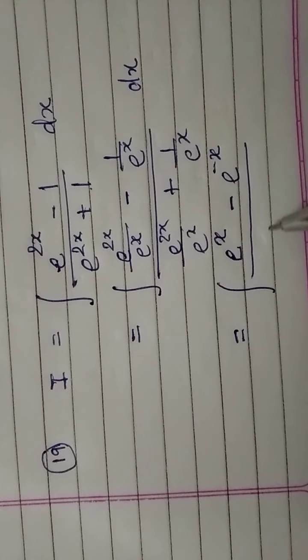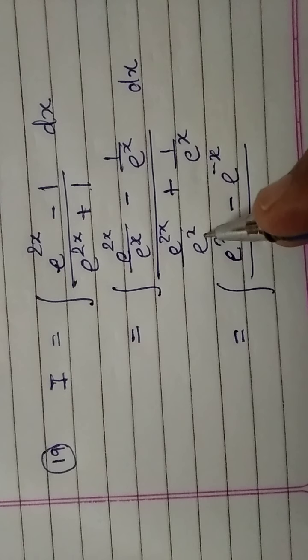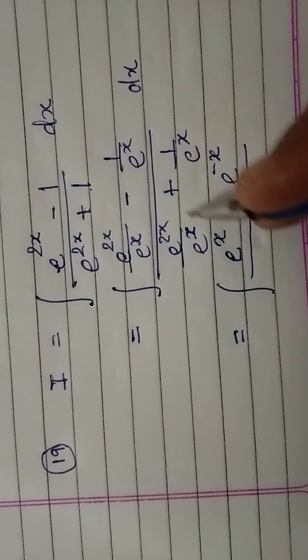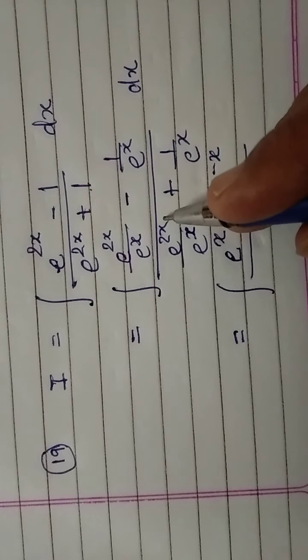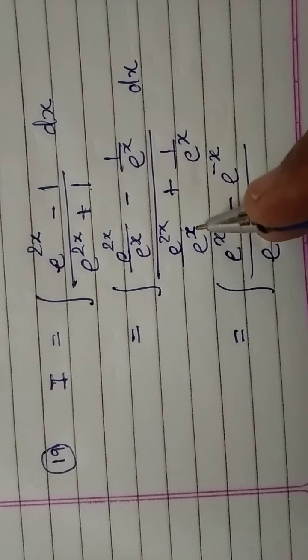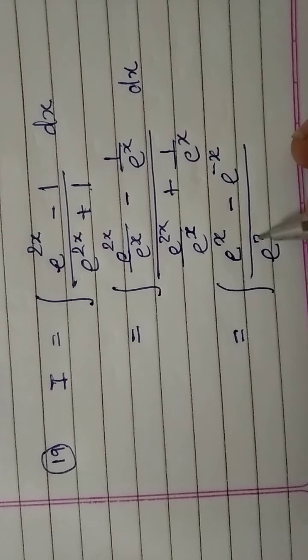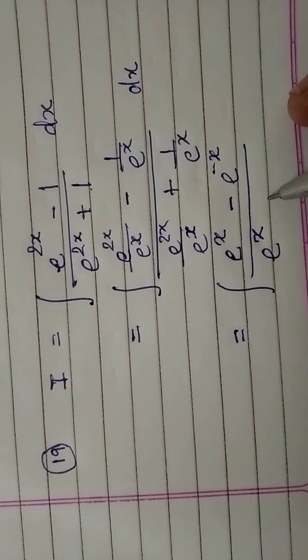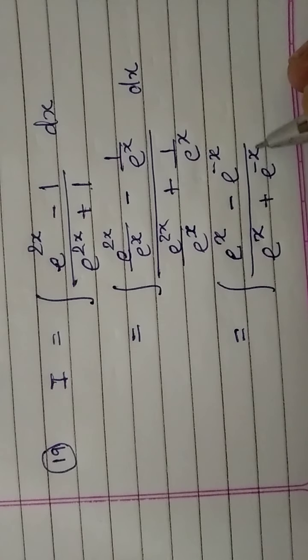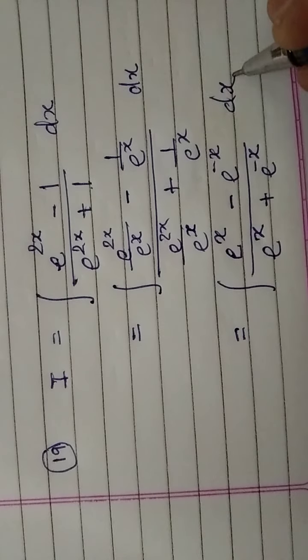The whole thing upon, again over here, this e raised to plus x from the denominator goes to the numerator, it will become minus x. So it will become e raised to 2x minus x, so 2x minus x is going to be x. So e raised to x plus e raised to minus x, and dx.